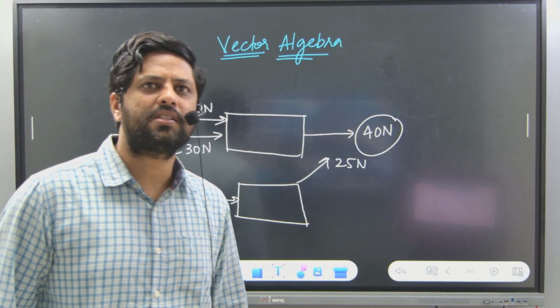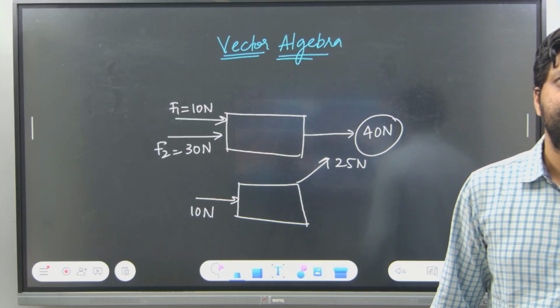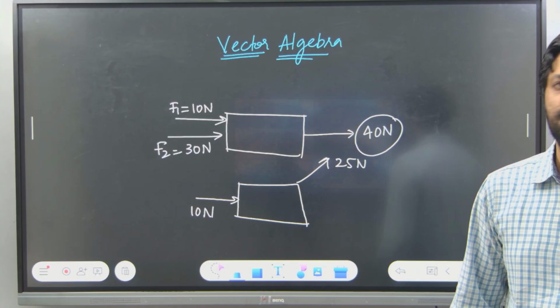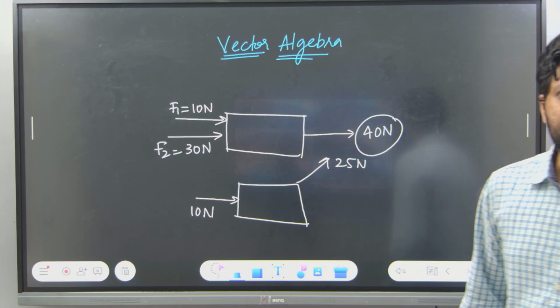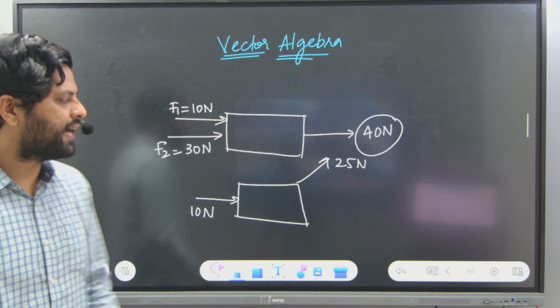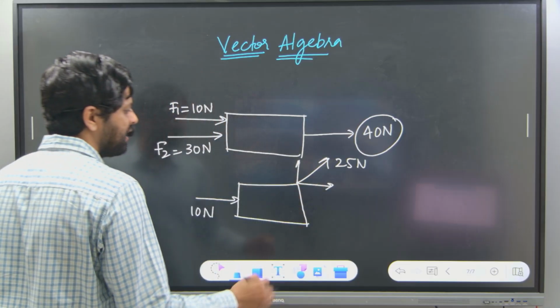Can anyone tell me why we can't give the answer directly? Because the forces are acting in different directions, there's a certain angle.